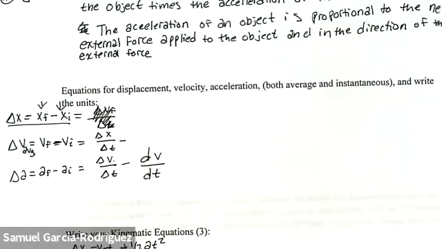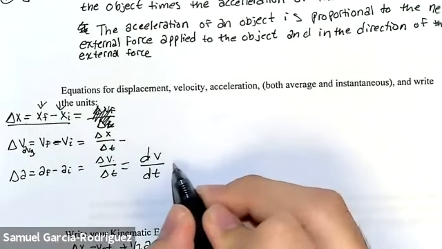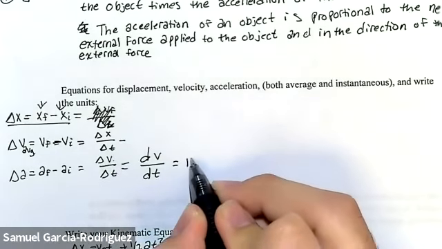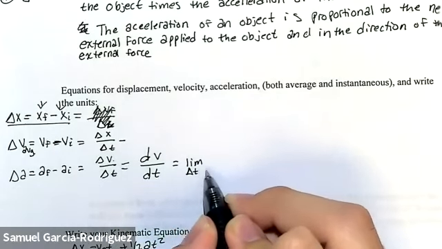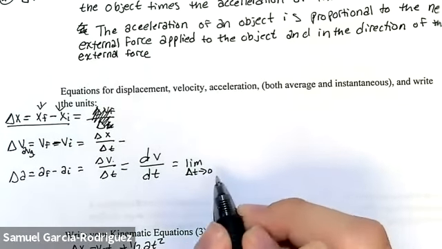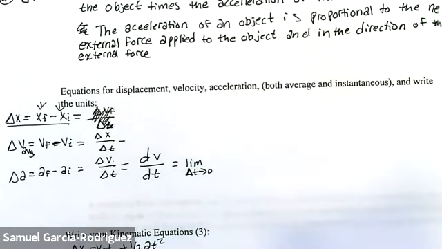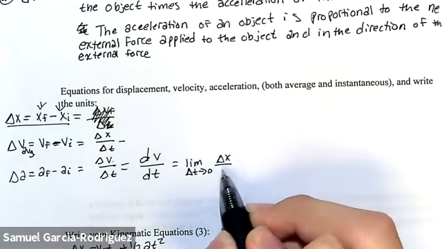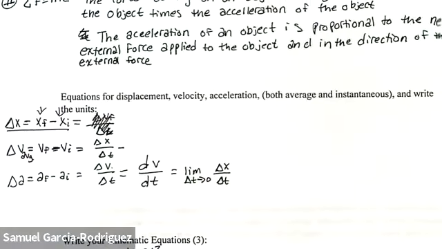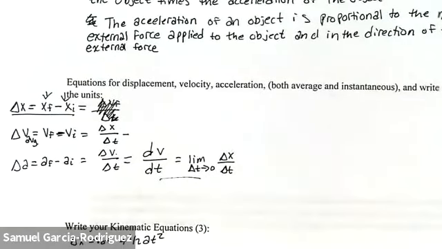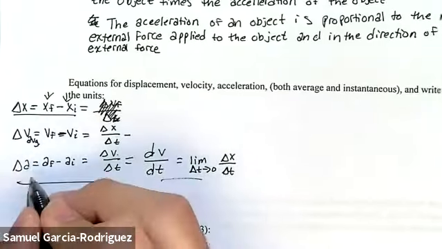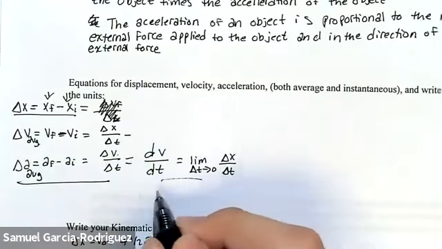You can also rewrite this as the limit as delta t approaches 0 of delta x over delta t. But these mean the same thing. Yes, instantaneous. These are average. These are instant.